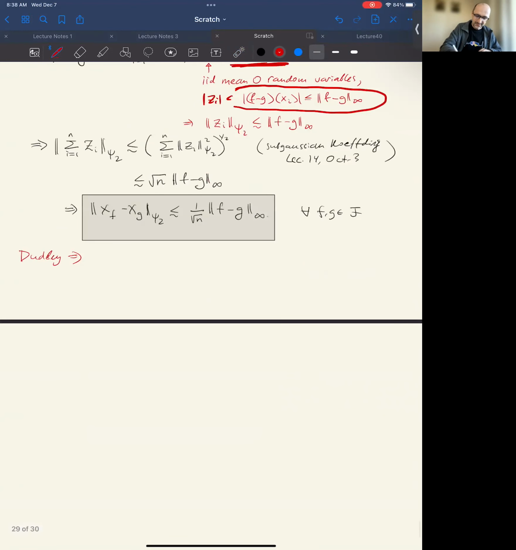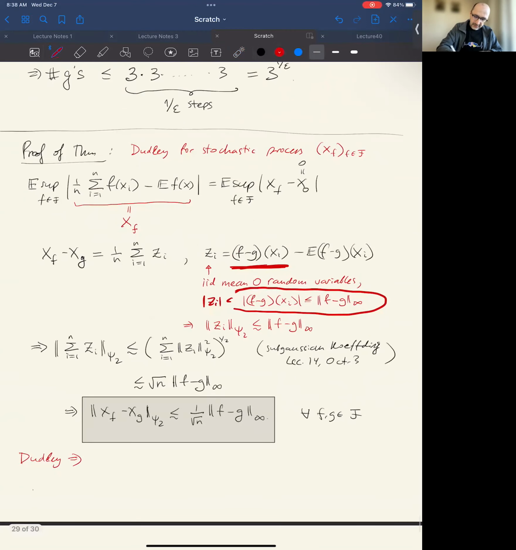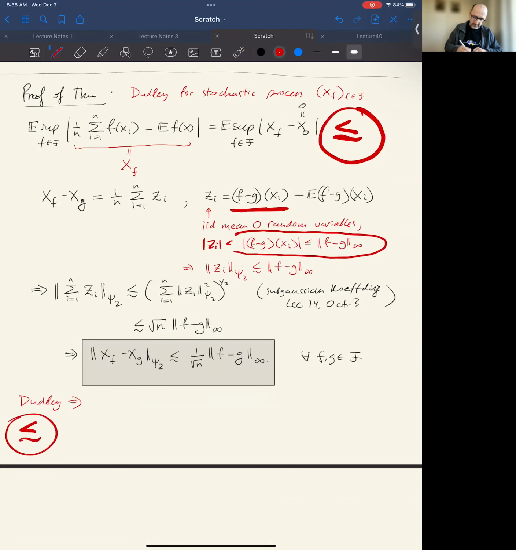Dudley inequality. So this expected value, I'll continue it from here, is less than or equal to C times L, which is this.